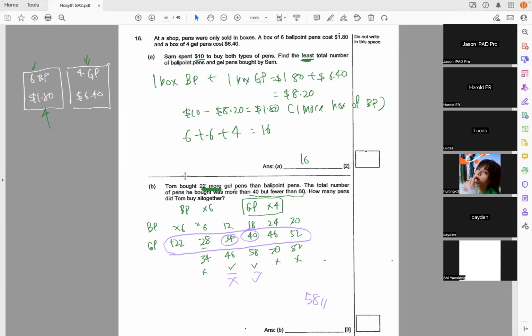And the third condition is the ballpoint pen must be a multiple of 6, which it already is. But the gel pens, you have to test, because you derive this row by adding 22. So not all will end up with a multiple of 4. So you test them. And the answer is 58. Any question?